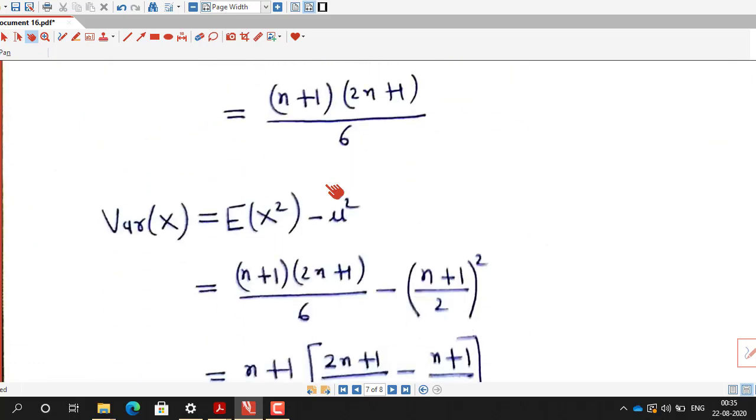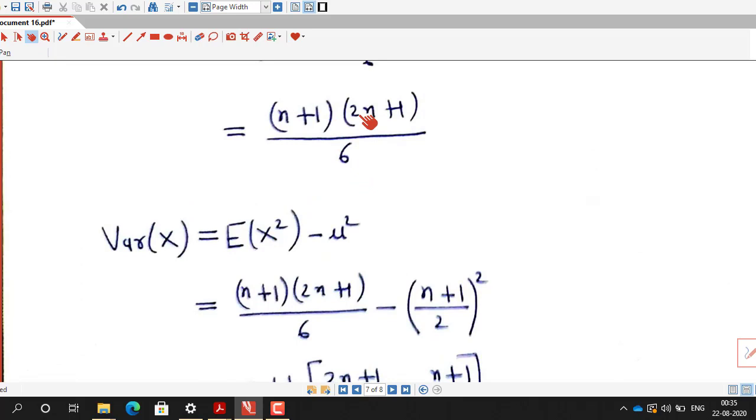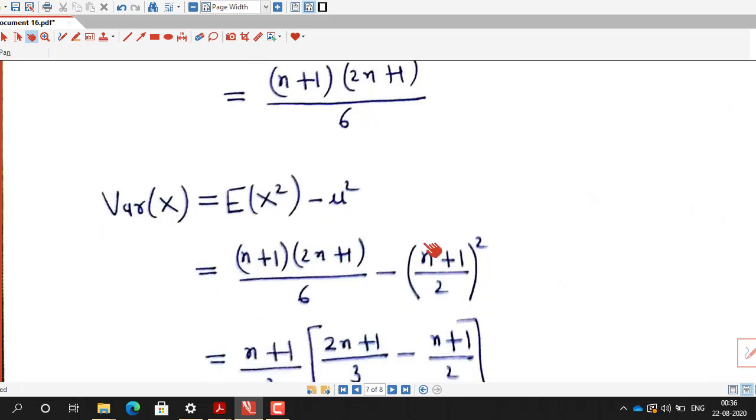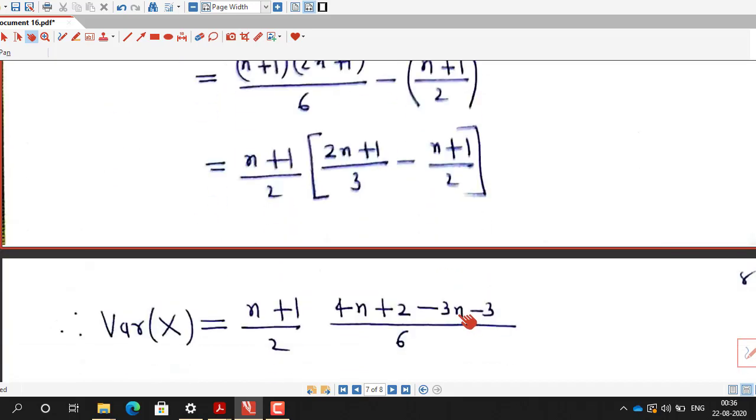So now by the formula, the variance of x is the expected value of x square minus the square of the mean, and this is the expected value of x square that we have put here, and the mean is n plus 1 by 2, so the square of n plus 1 by 2. Now in these two terms we can see n plus 1 by 2 is common. So we are left with 2n plus 1 divided by 3 minus n plus 1 by 2.